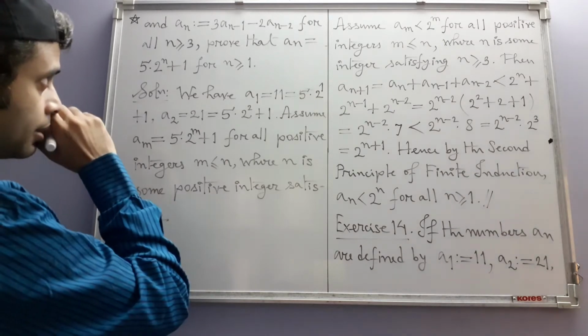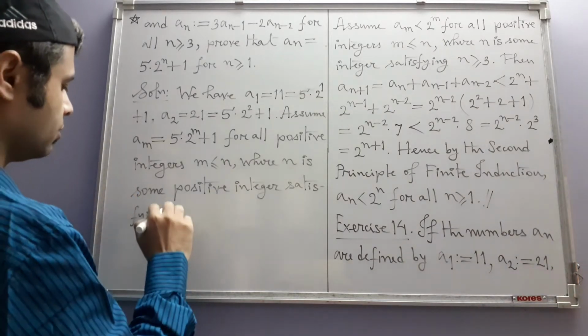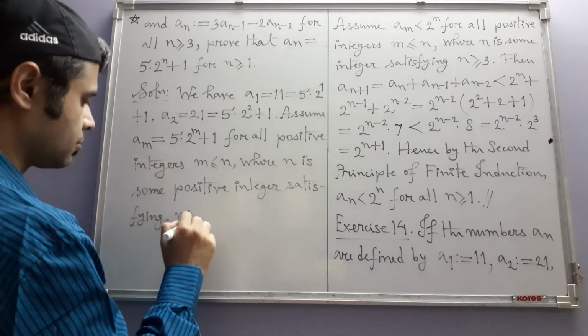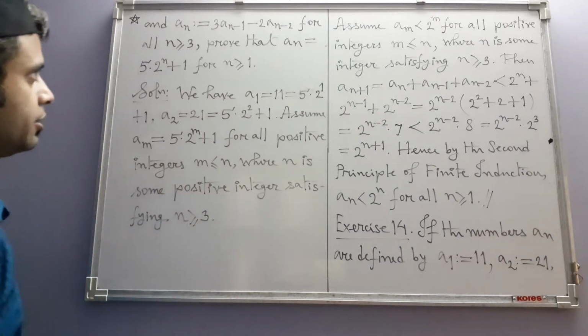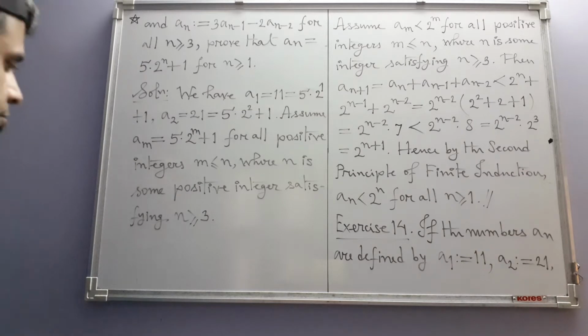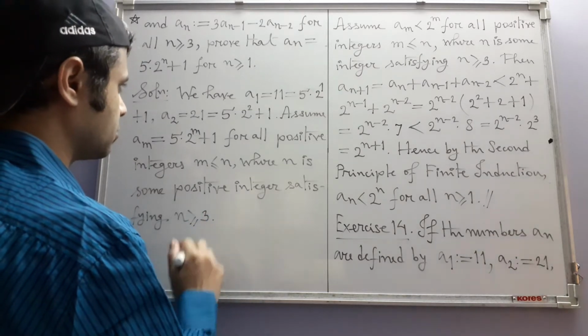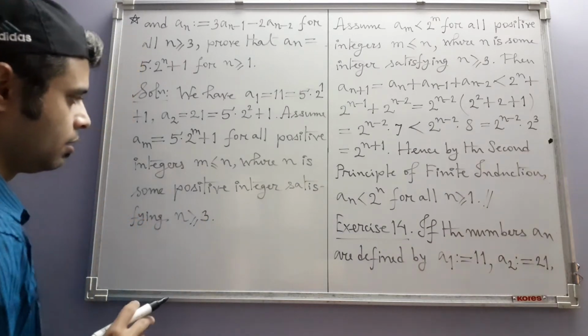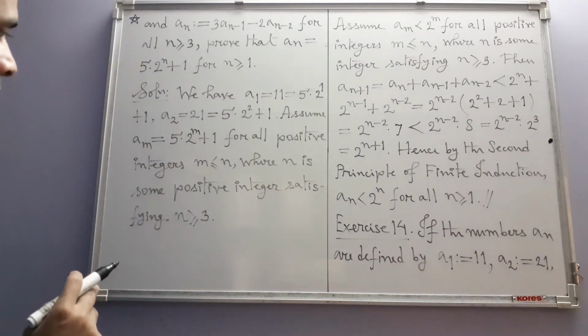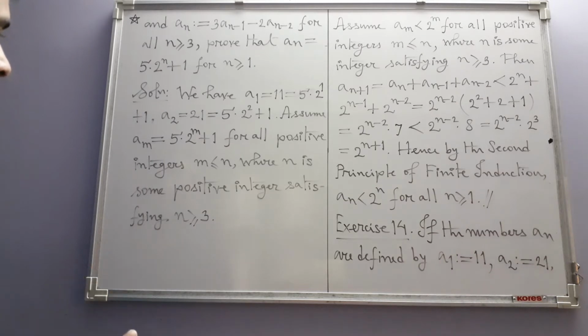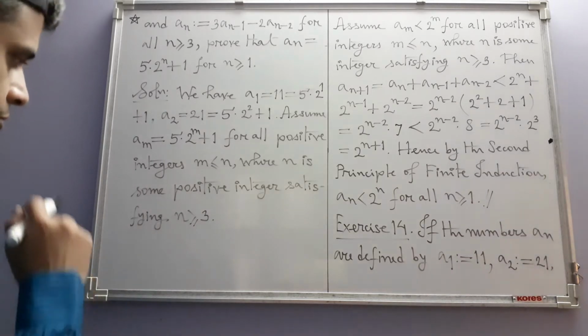Okay, so we want n minus 2 to be meaningful. So here also n should be greater than or equal to 3. Fine.